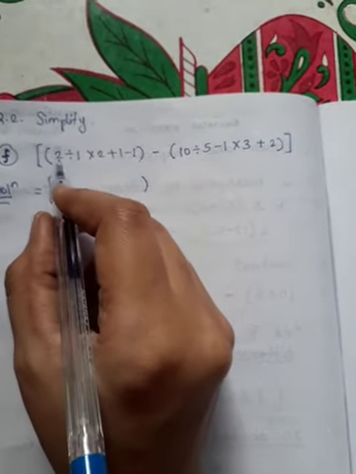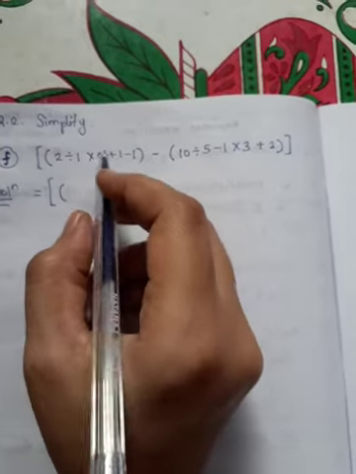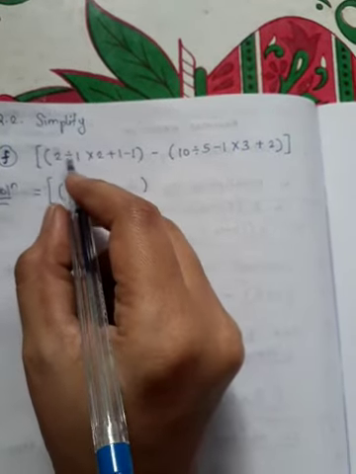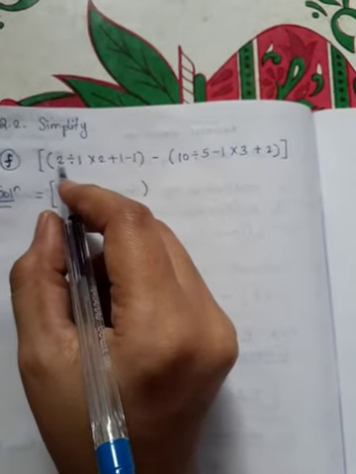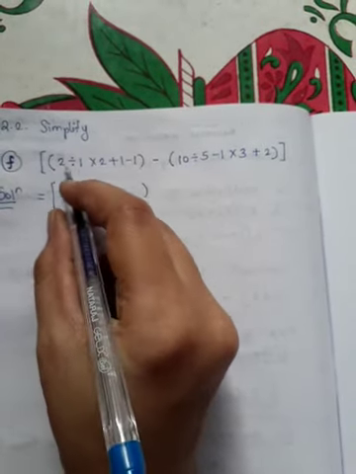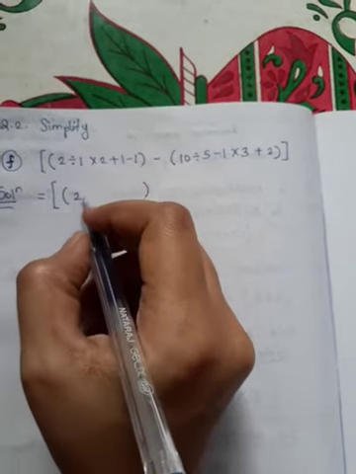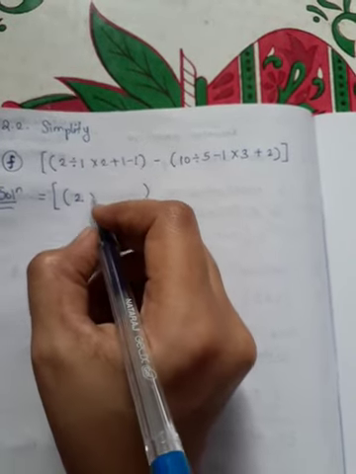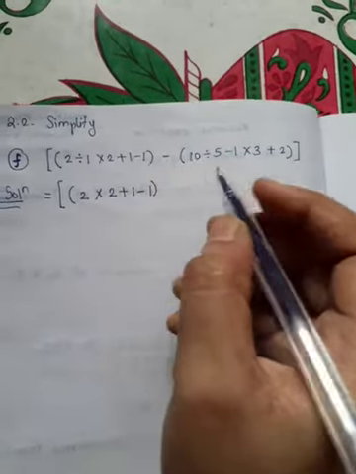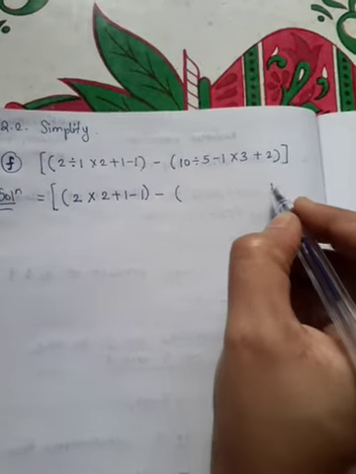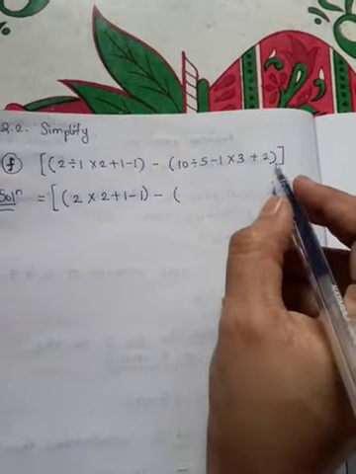So here, 2 divided by 1. Whenever we divide any number by 1 we get the same number. So 2 divided by 1 gives you 2, multiplied by 2 plus 1 minus 1. Simultaneously you can solve this bracket also.